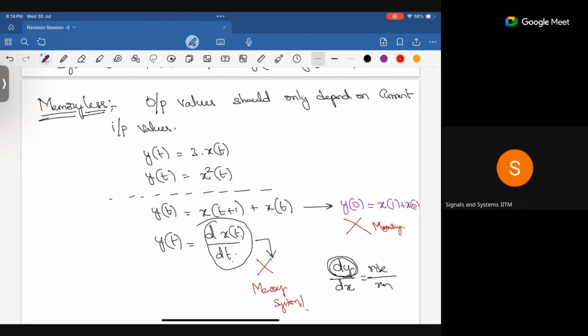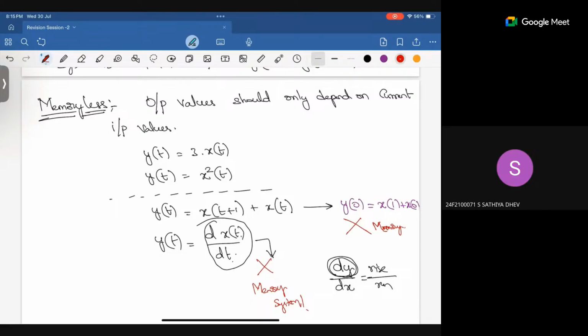If it is a right differentiator, it will not be causal. As convention, we take the differentiation operator as the left differentiator, so it is causal. That is why the professor would have mentioned it as causal. If you don't mention anything, it is taken to be a left differentiator unless stated otherwise.